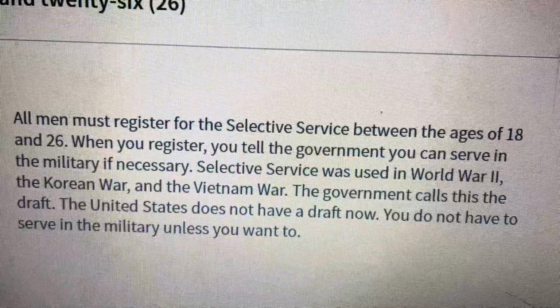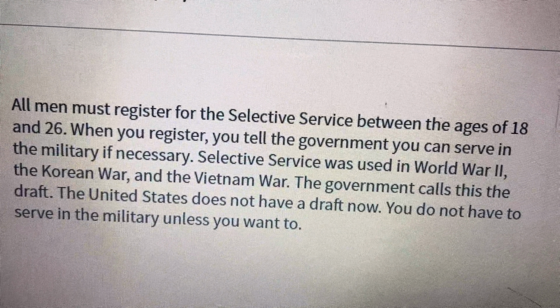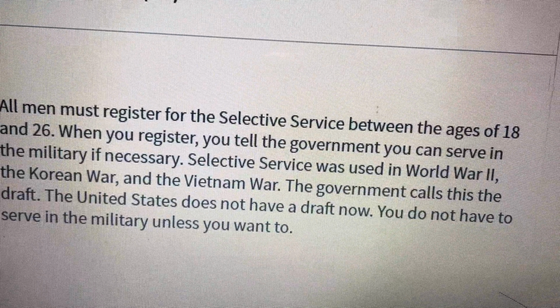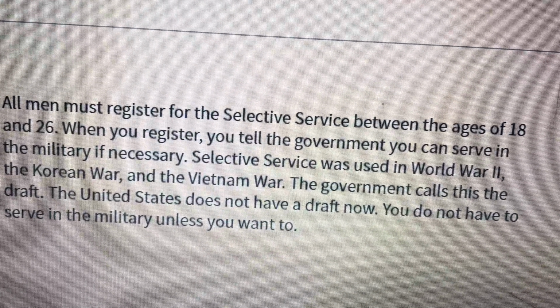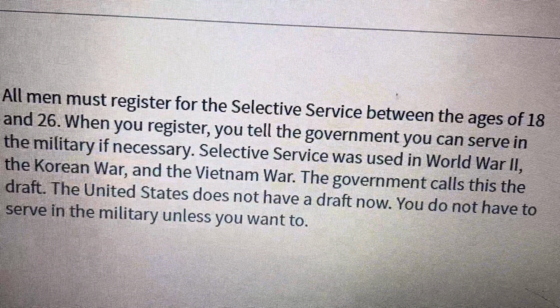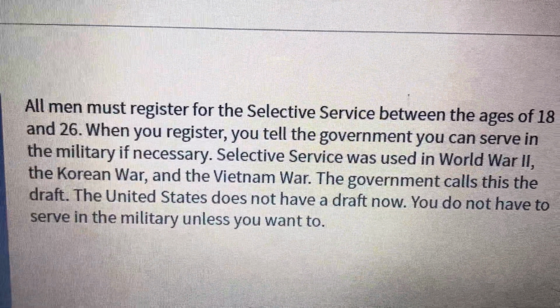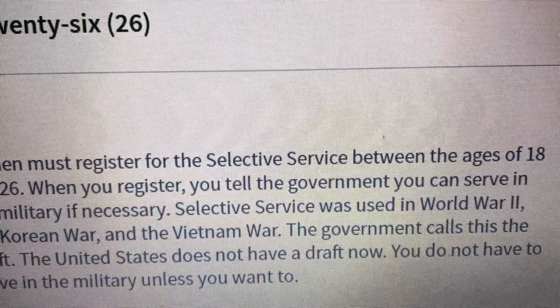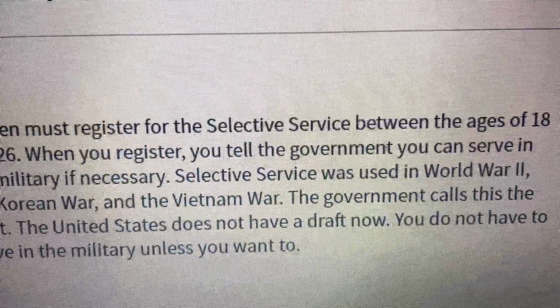Selective Service was used in World War II, the Korean War, and the Vietnam War. The government calls this the draft. The United States does not have a draft now. You do not have to serve in the military unless you want to. So you already have the freedom to choose if you want to serve in the military or not. So, no more draft.